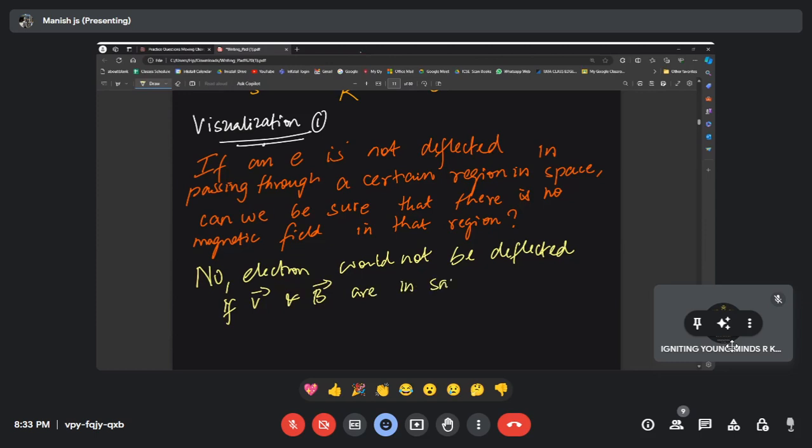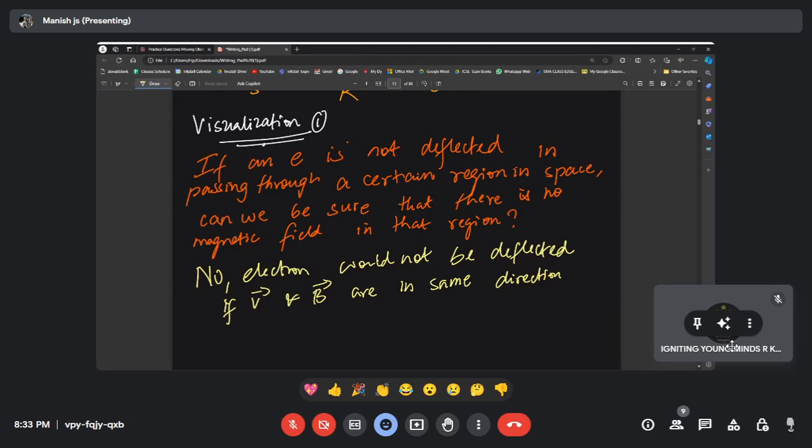So it all depends on the direction. Very important. Both of them in the same direction, then it cannot be deflected. You understand why? Force F is equal to QVB sine theta. Both are in the same direction, theta is zero, sine zero is zero, no force.